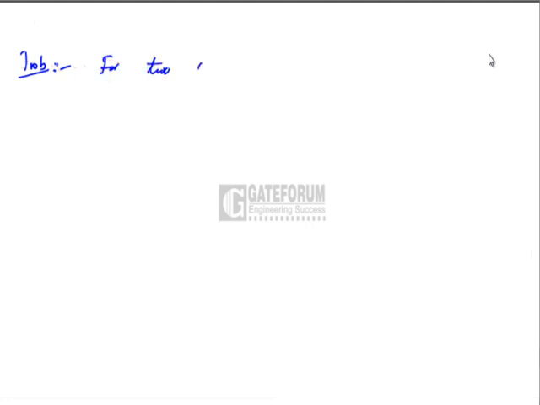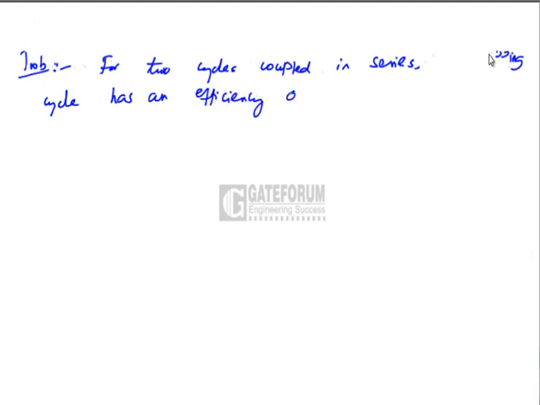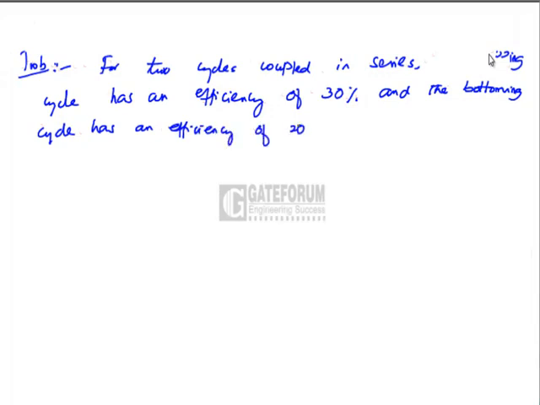For two cycles coupled in series, the topping cycle has an efficiency of 30% and the bottoming cycle has an efficiency of 20%.